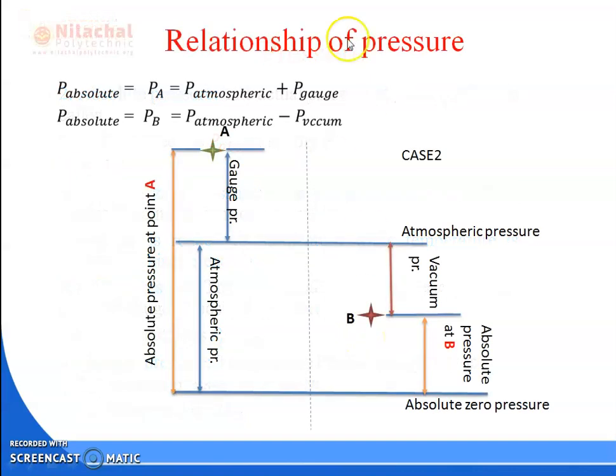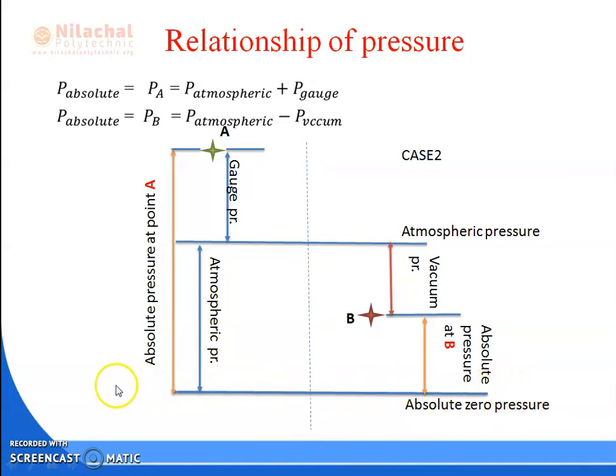Next, the relationship of pressures. Which pressures do you know? Absolute pressure, atmospheric pressure, gauge pressure and vacuum pressure. Then what is the relationship between all these pressures? First we draw an absolute zero pressure line, below which there is no molecular movement.